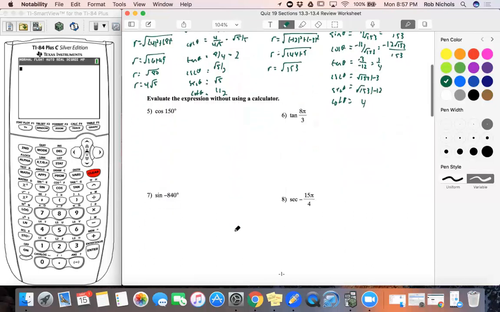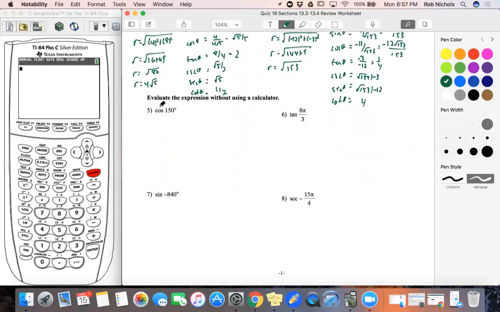Okay, so evaluate that using the calculator. Step 1, cosine of 150 degrees. 150 is in quadrant 2. Here is 150. My coterminal angle is 30 degrees, and remember, you can find that by doing 180 degrees minus 150 in quadrant 2.